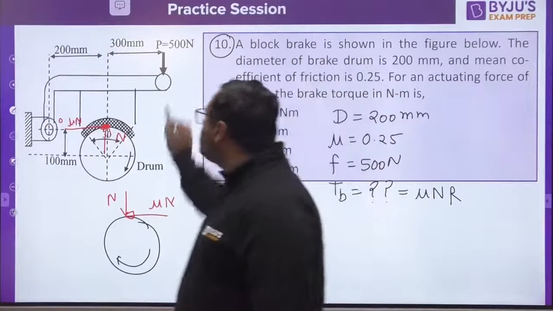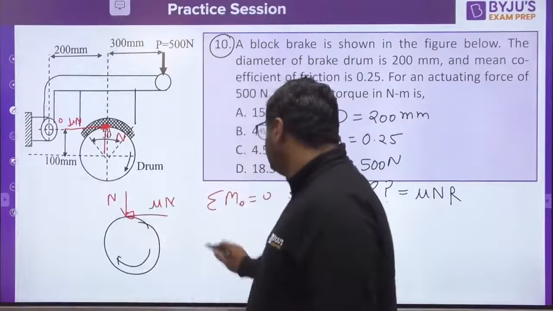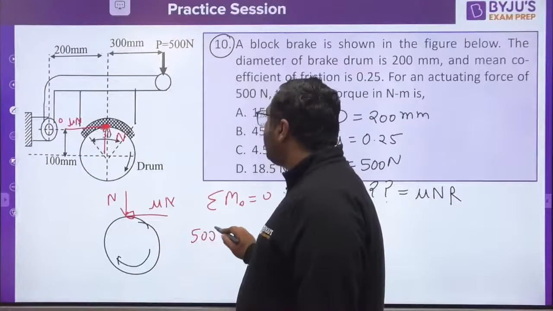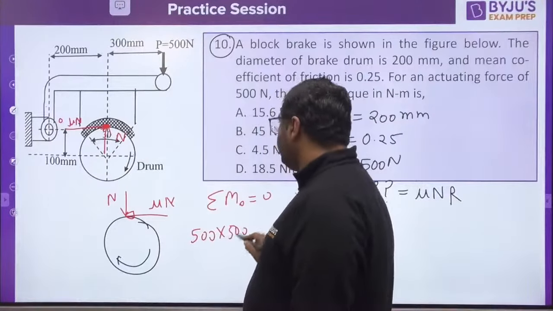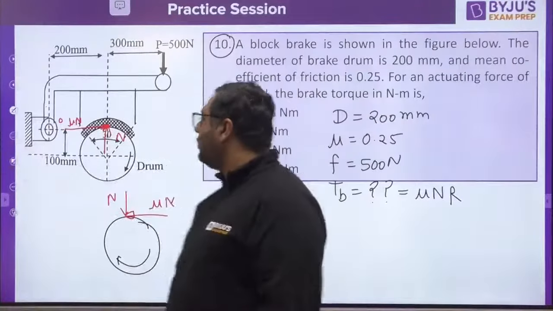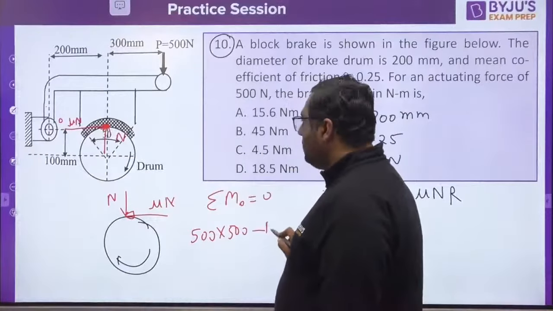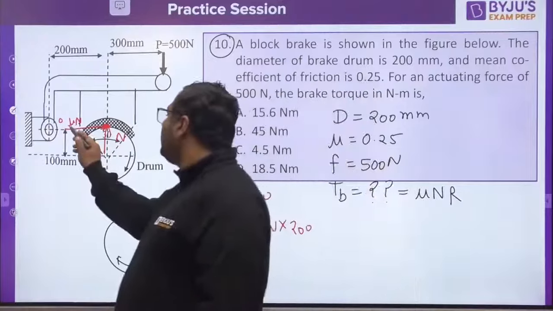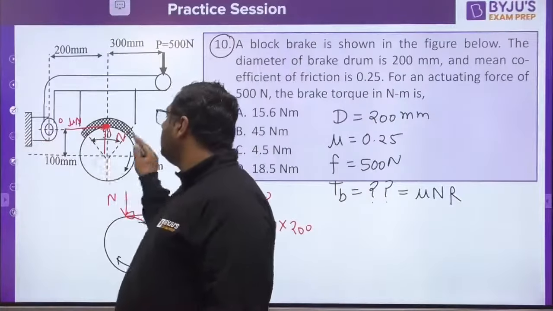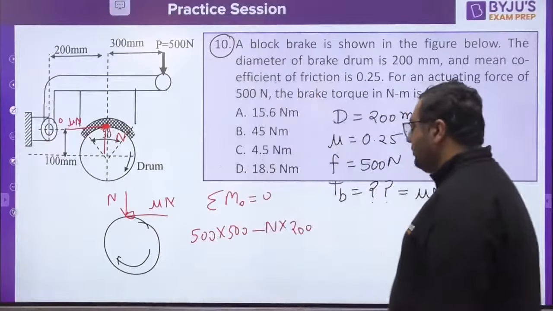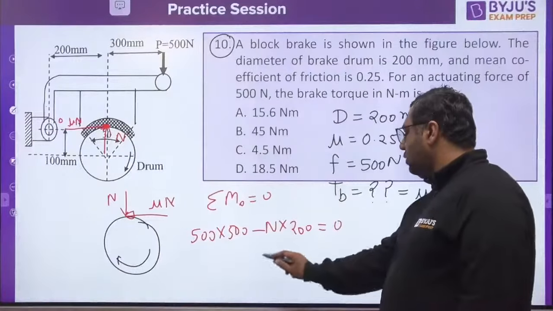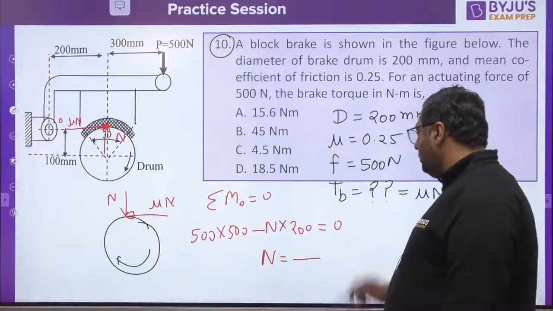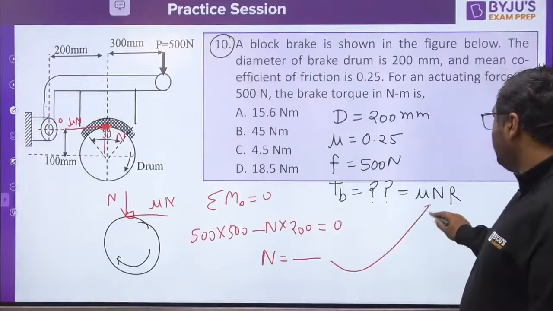You know this force is creating clockwise, 500 into 500. This is creating anti-clockwise, minus N into 200. This is creating nothing because it is passing from the same point. You will get N, putting N you will get braking torque.